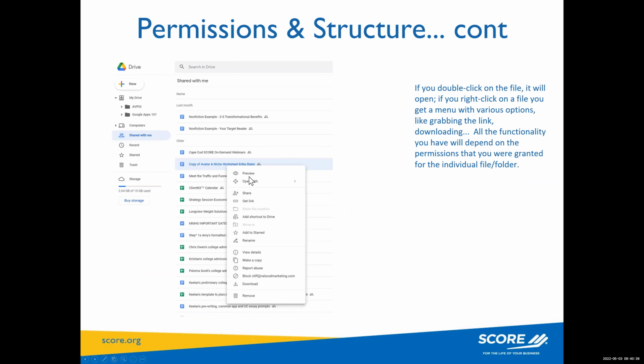This is what you will get when you right click, both in the My Drive files, where you can see that I've got some folders here, and with the Shared With Me, which are things that people have shared with me. When you right click, you can see what you can do with that particular file, which may be different from what you can do with the files in My Drive that you own.